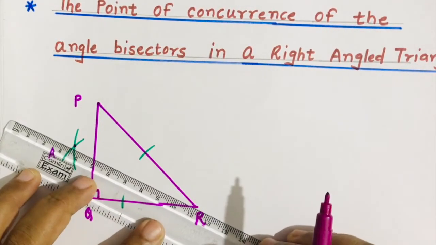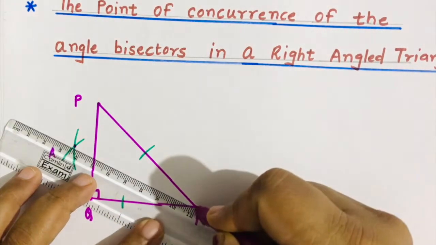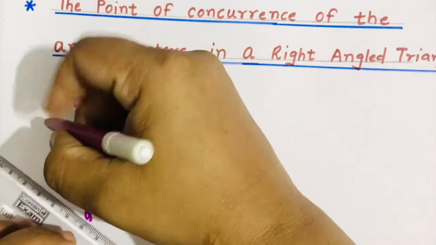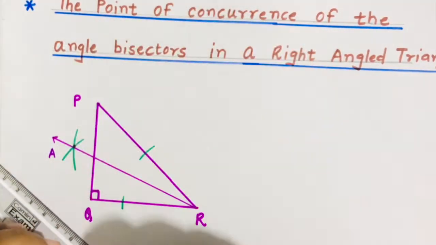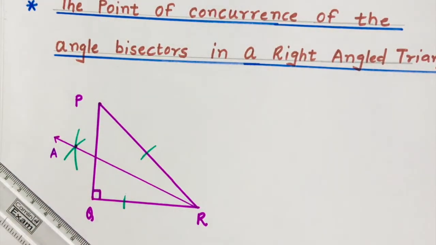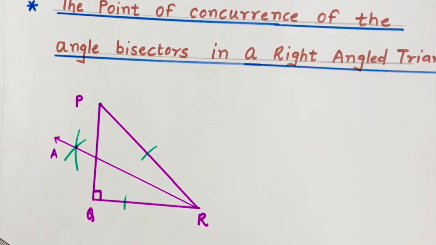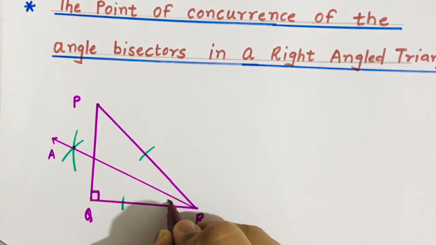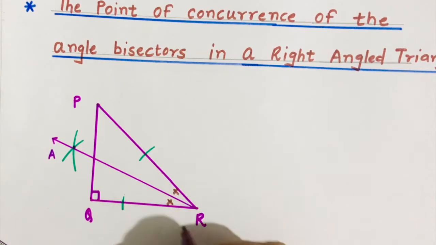Draw ray RA. So ray RA is the angle bisector of angle QRP, which divides this angle into two equal halves.